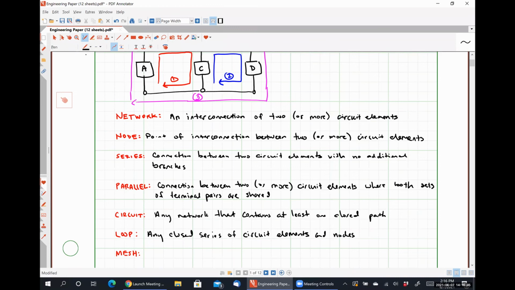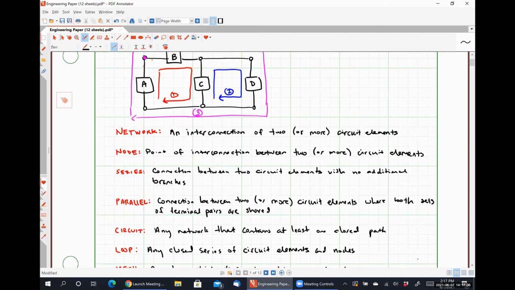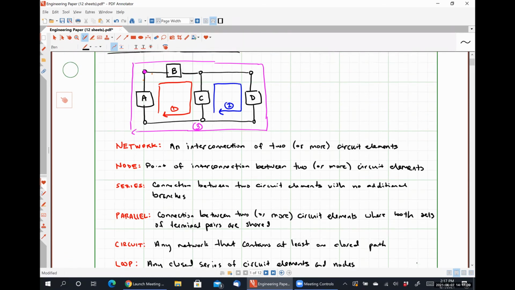So I'm going to introduce one more definition here, and that is what's called a mesh. A mesh is defined as any loop which does not contain a smaller loop. So in this case, loops 1 and 2 would be considered meshes because they're the smallest possible loops that don't contain any other loop, whereas loop 3 is not considered a mesh because it contains both loop 1 and loop 2.